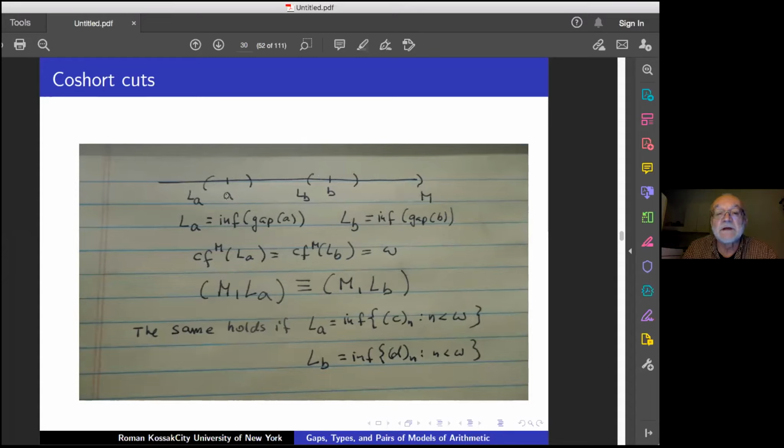But now instead of looking at the suprema of the gaps, you look at the infima, and again by very similar arguments, those things on the left, LA and LB, the infimum of the gap of A and the infimum of the gap of B, are all elementary cuts, but they are called co-short because they have the least gap above them. Shortcuts have the largest gap in them, and those co-short cuts have the smallest gap above them.